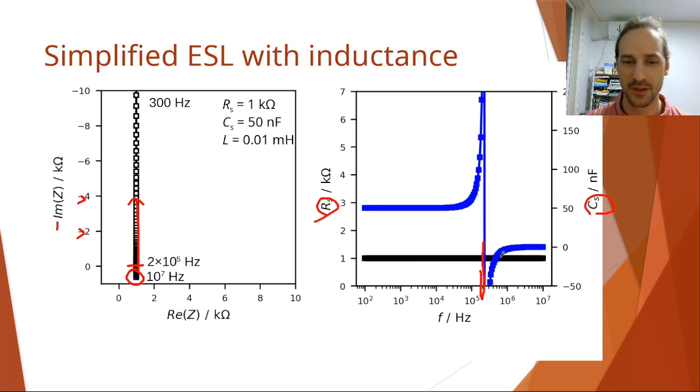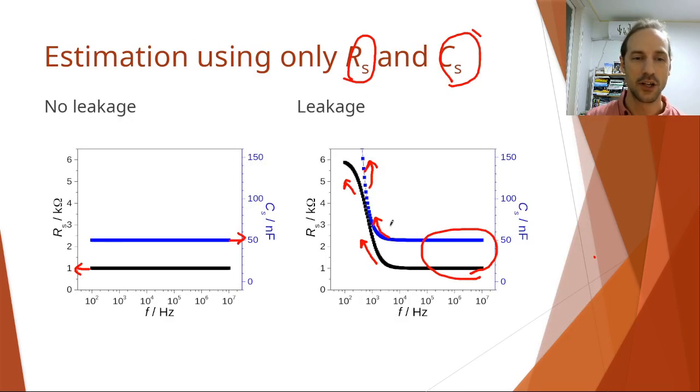So what we will get when we just try to plot it as RS and CS, series resistance and series capacitance, is a negative capacitance over a certain frequency, and then this capacitance suddenly goes up very high, and then it will go back down. And once we reach a sufficiently low frequency, this capacitance will be around the real capacitance, just like we had for the leakage current here.